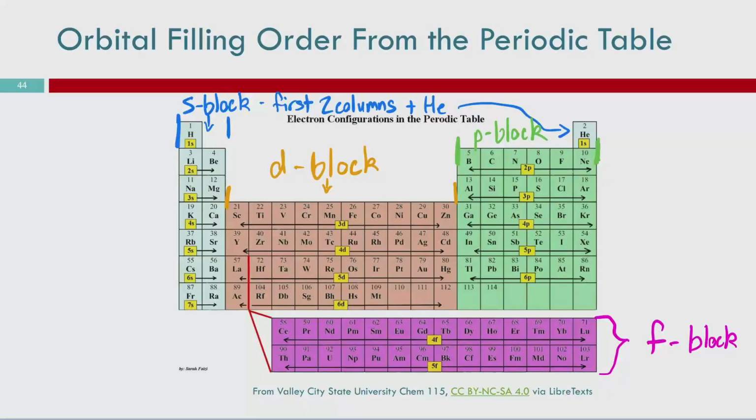The second thing that we need to do is, if we look at the rows, the row or period is the n number, with some caveats. So for our main group, our top period is 1. So we're in the s block, we're in 1s.